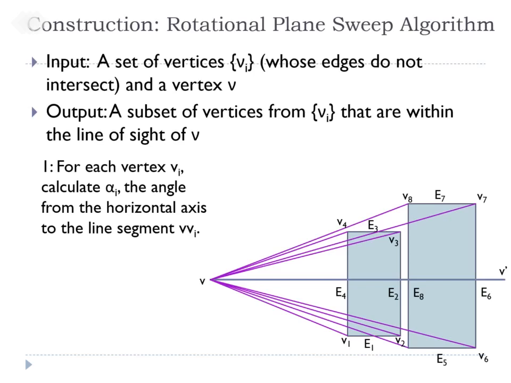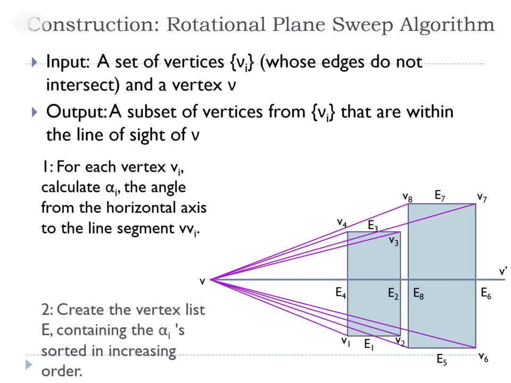And this is the minimum angle because we compute angle in the counterclockwise direction. Create the vertex list E containing alpha i's in the increasing order. So in this case, V3, V7, V4, V8, V1, V5, V2, V6 will be a sorted list of vertices with increasing angles.